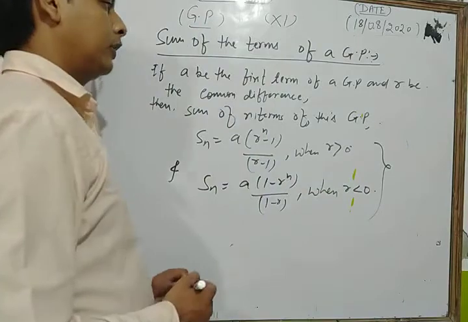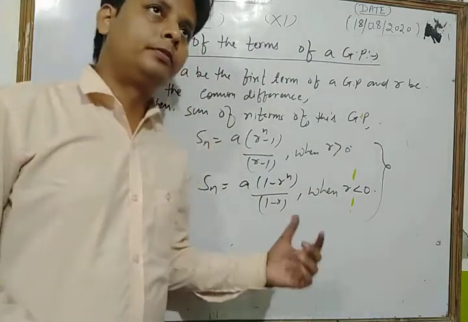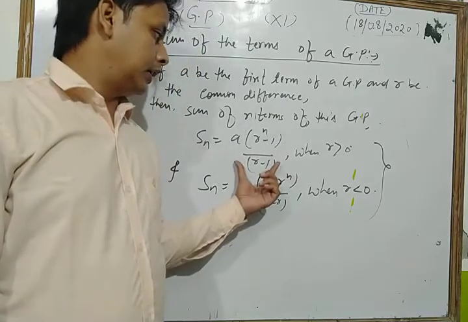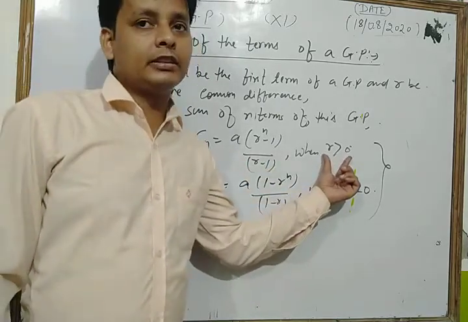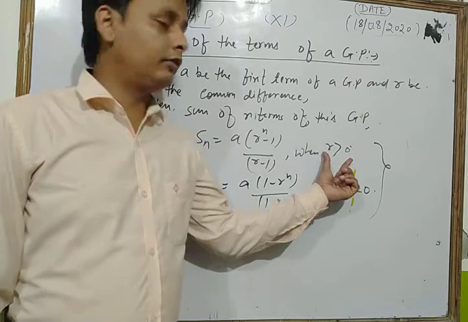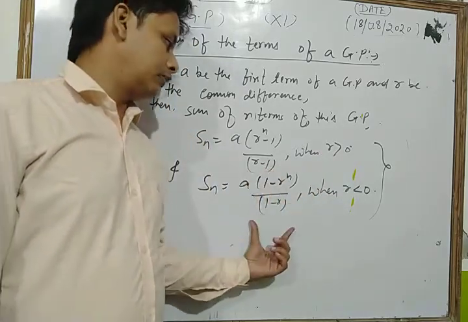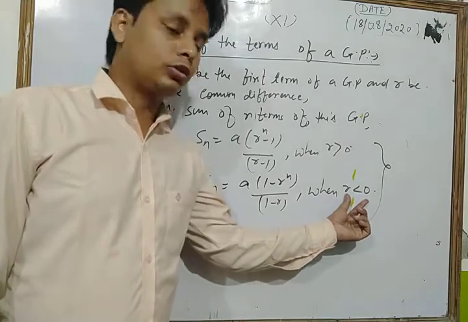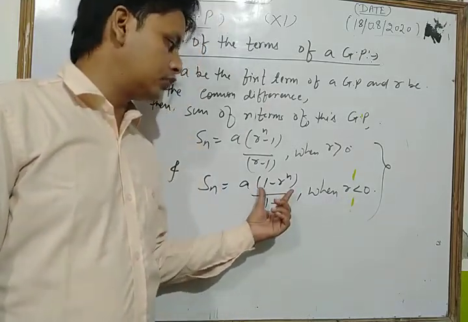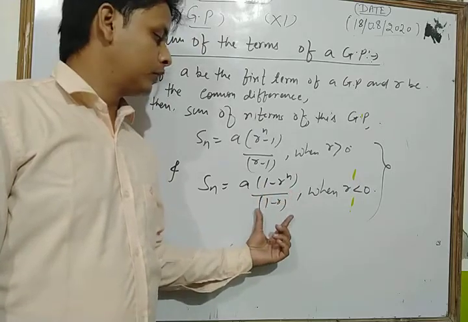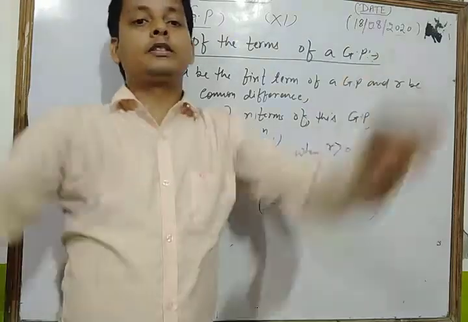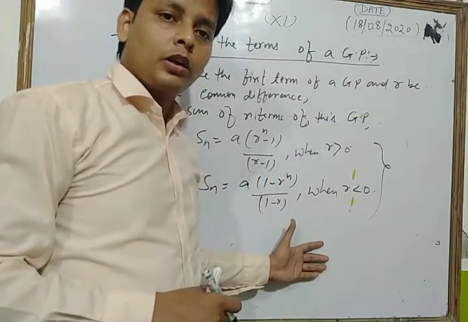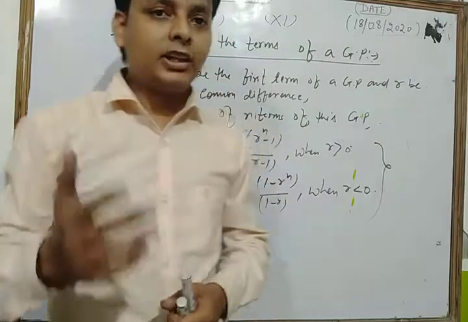So both are formulas for the sum of n terms of a GP. If the value of the common ratio is greater than 1, then we apply the first formula. If the value of the common ratio is less than 1, then we apply the formula a times 1 minus r to the power n upon 1 minus r. Dear students, with the help of these formulas we get the sum of n terms of a GP.